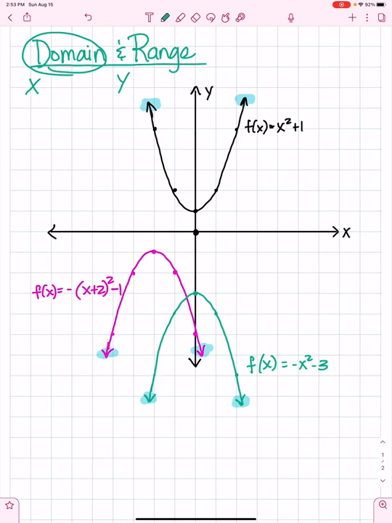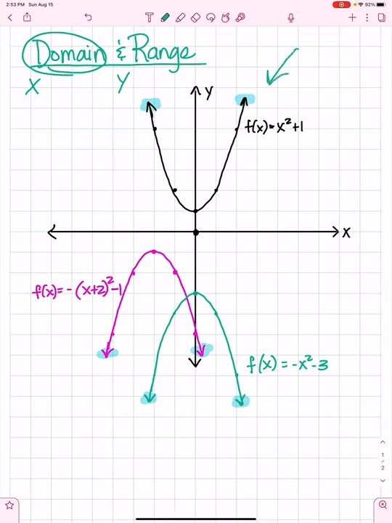Graphs where we might have infinity for domain and range might be something like a line because it goes on forever in both directions. But when we talk about something like a parabola, we have to be a little bit more specific.